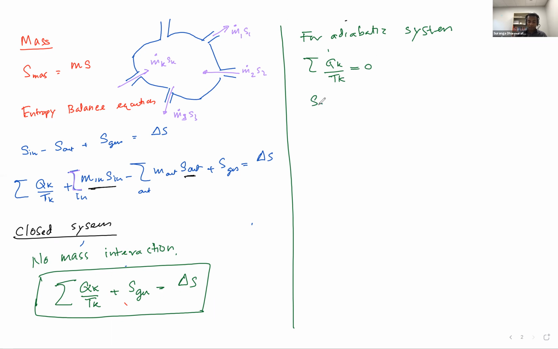So we have S gen equal delta S. So if the system is adiabatic, your change in entropy is just S gen. That's what happens in an isolated system, because an isolated system is adiabatic, and this is greater than or equal to 0, always. So that's how we derive the increase of entropy principle.